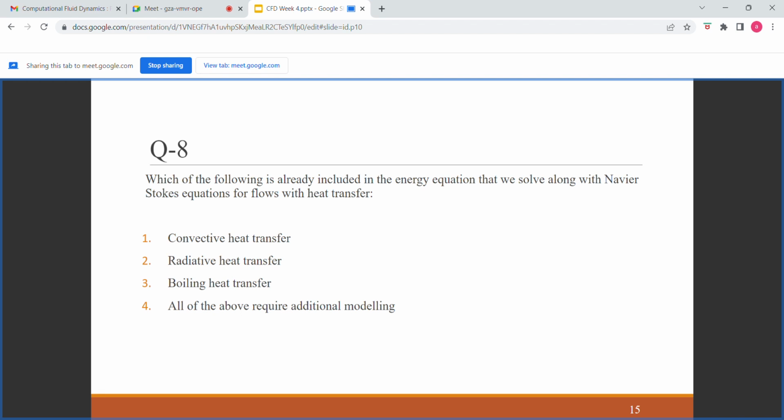When we are dealing with heat transfer problems, basically we solve the continuity equation and momentum conservation equations. Along with that, we also solve the energy conservation equation. So what are the heat effects already included in the energy equation that we solve?